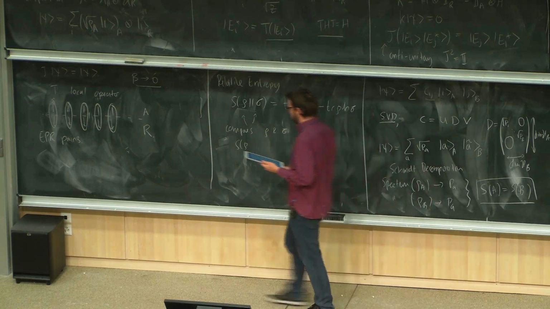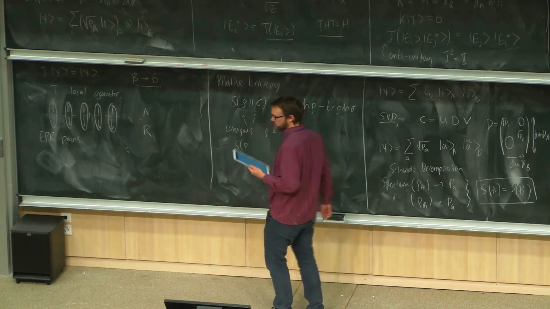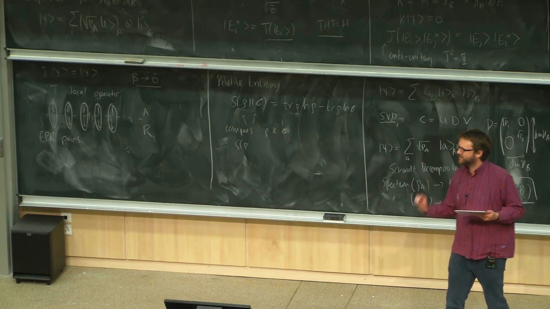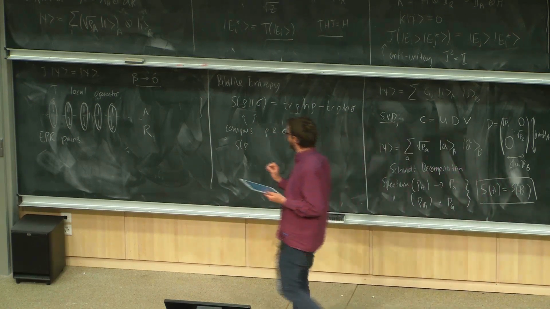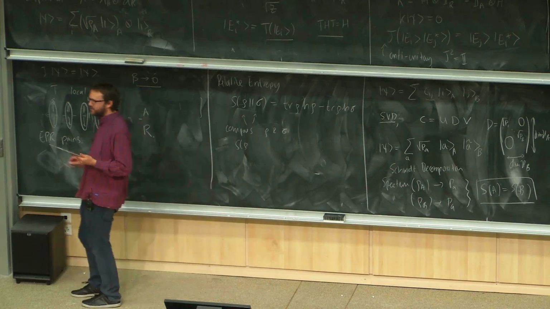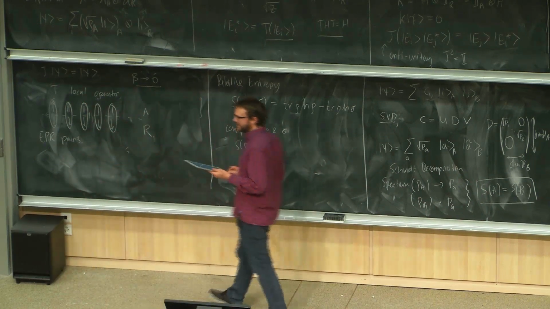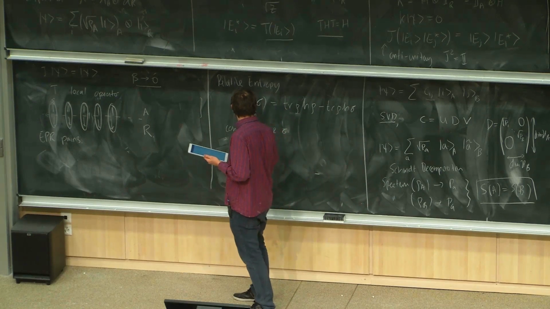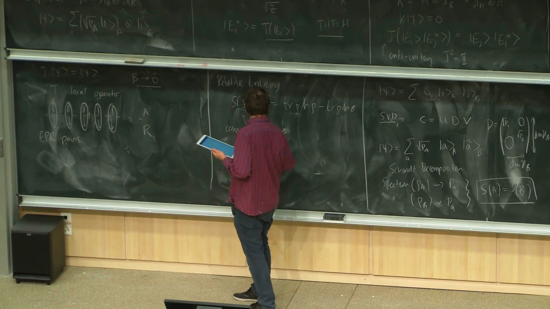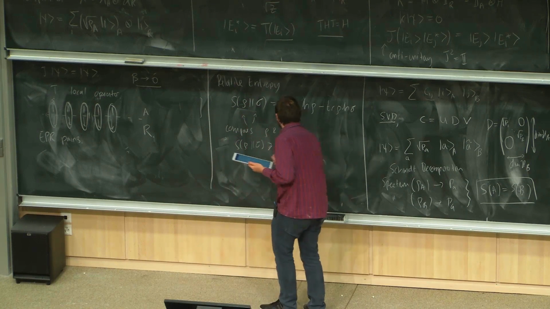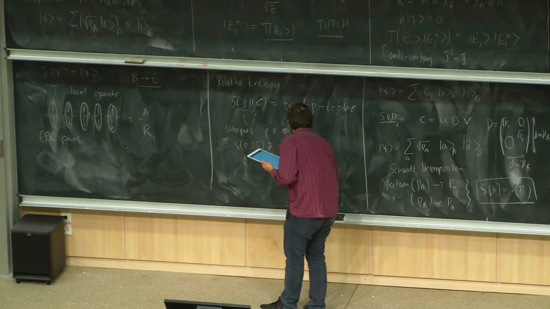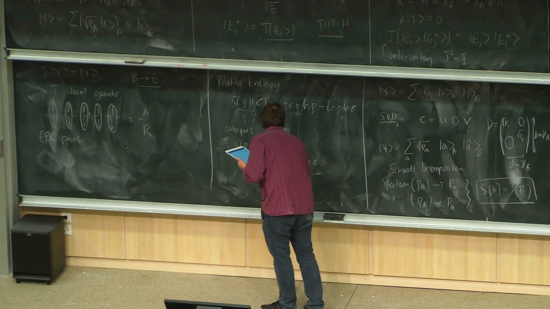You can show, I won't do it today, I'll leave it as an exercise, that this is positive or equal to 0, and it's 0 if and only if rho is equal to sigma.